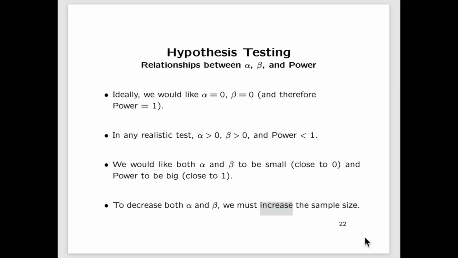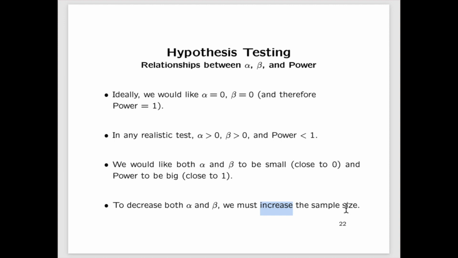So these are important characteristics of a hypothesis test. Alpha, the significance level of the test, which is the probability of a type 1 error. Beta, the probability of a type 2 error, which is when we fail to reject a false null hypothesis. And then finally, the power of the test, which is the probability of correctly rejecting a false null hypothesis.